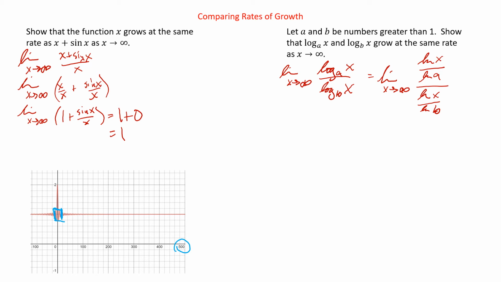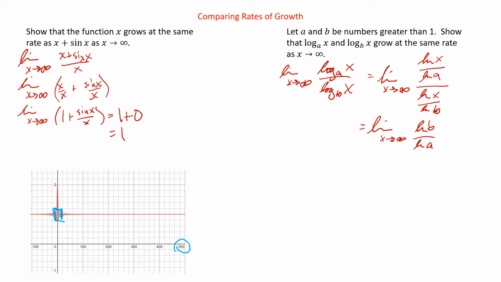We can change them to the same base, specifically natural log, because if we're going to have to take the derivative, the natural log is way easier. We can simplify this a little bit. We could flip and multiply the denominator. The natural log x's cancel, and so we get the limit as x goes to infinity of natural log b over natural log a.